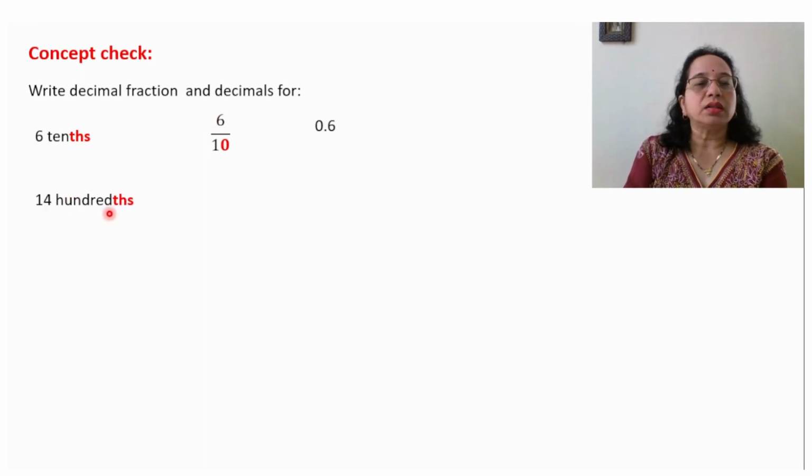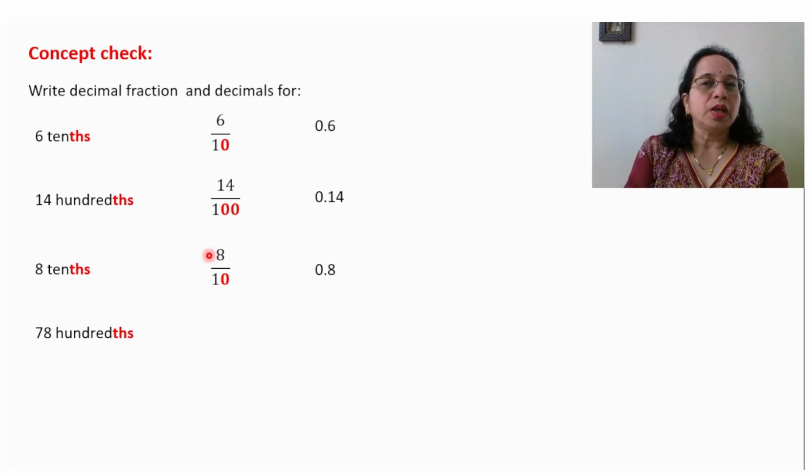14 hundredths. Hundredths is there, it means 100 will come in the denominator, so 14 upon 100. Now two zeros are there, so leave these two numbers and the decimal will come here, so 0.14. 8 tenths, th, so again 10 will come in the denominator, 8 by 10 and 1 zero is there, leave this one number and the decimal will come here, so 0.8. 78 hundredths, again th is there, it means 100 will come in the denominator, so 78 upon 100.